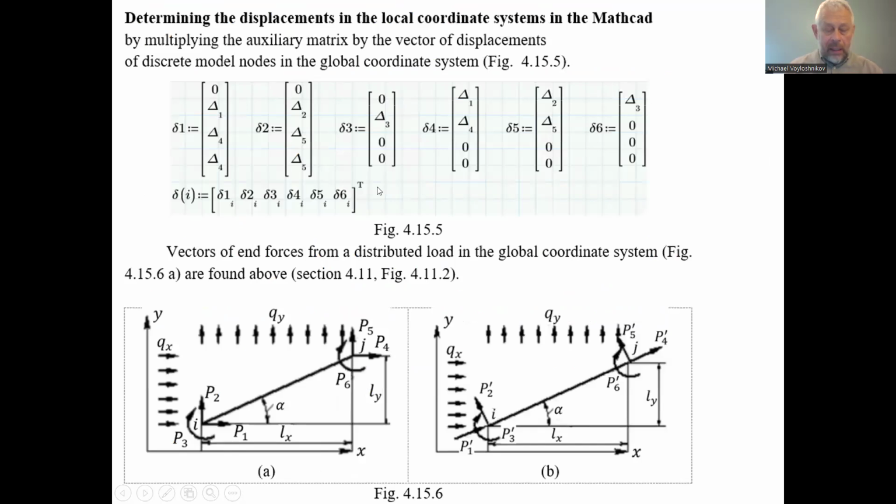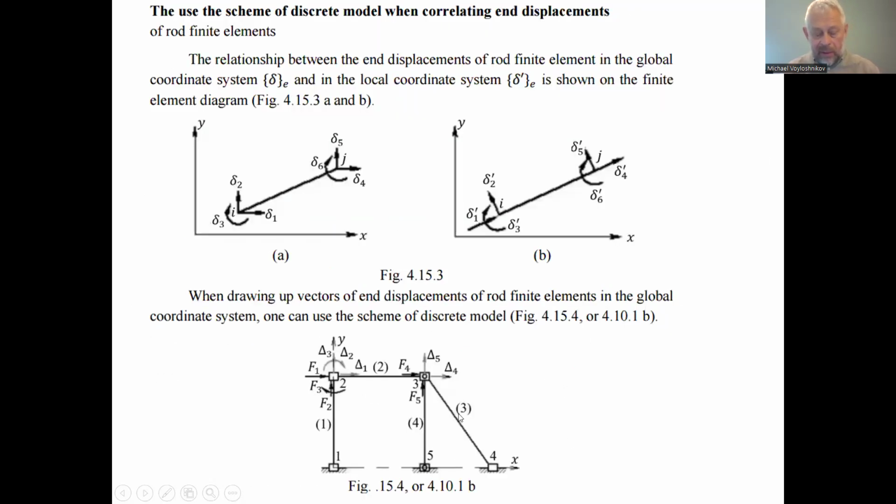All other displacements of the ends of the inclined element number 3 and the vertical element number 4 are equal to 0. We could consider the angular displacement of node 5, but we do not include it in the number of unknown variables for this considered statically indefinable frame.